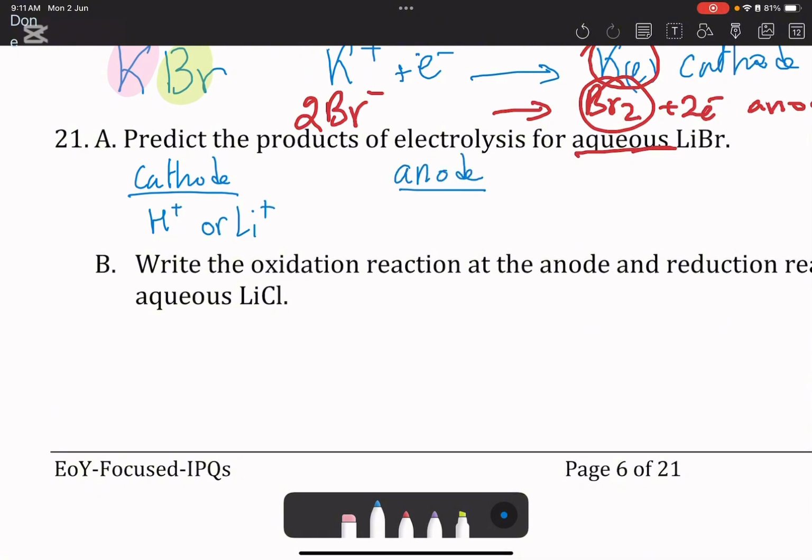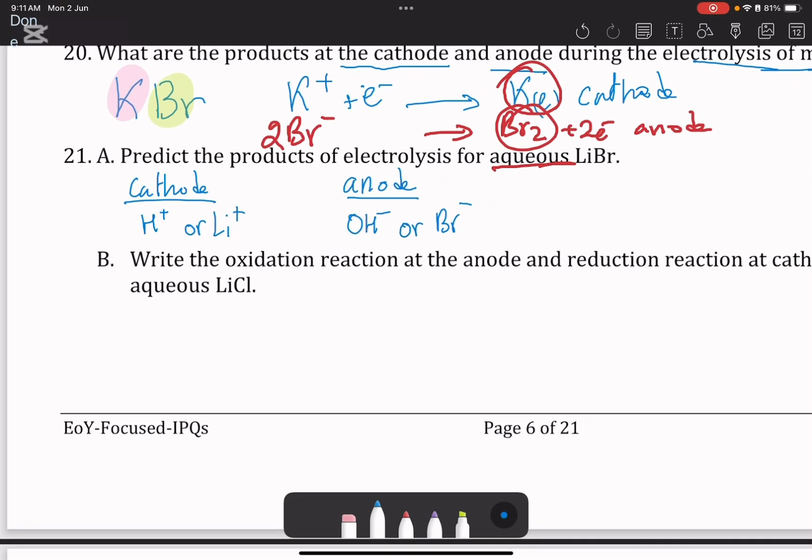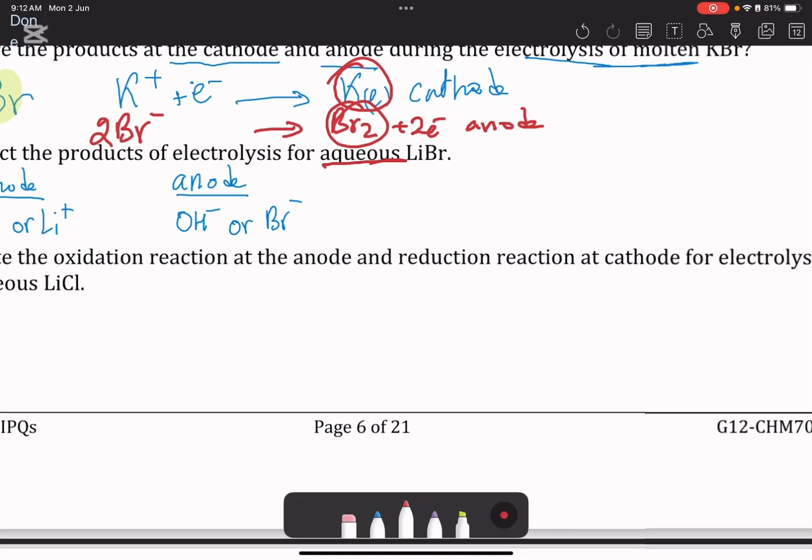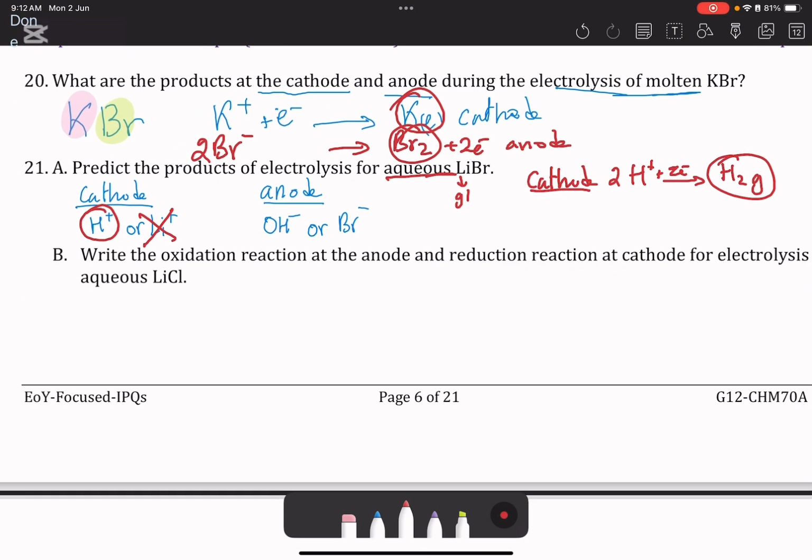And at the anode, I have the ion coming from the water or the bromide ion coming from the compound itself. So which ions will be discharged? Since Li belongs to group 1, it's not going to be discharged, and therefore H plus will be discharged. At the cathode, the product obtained is hydrogen, H2 gas.